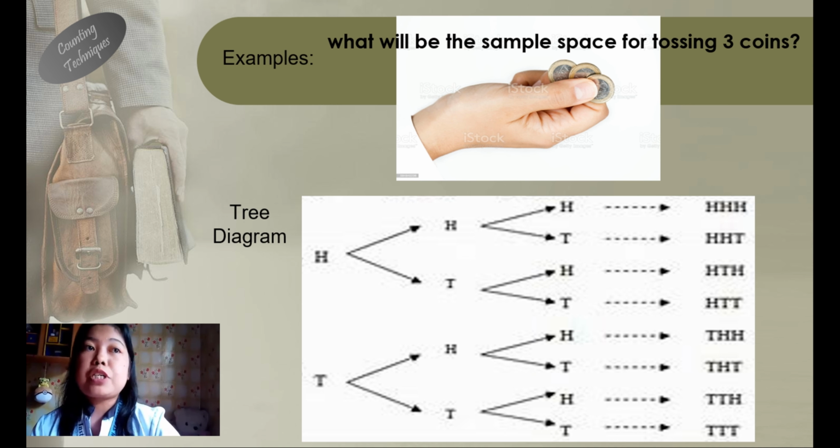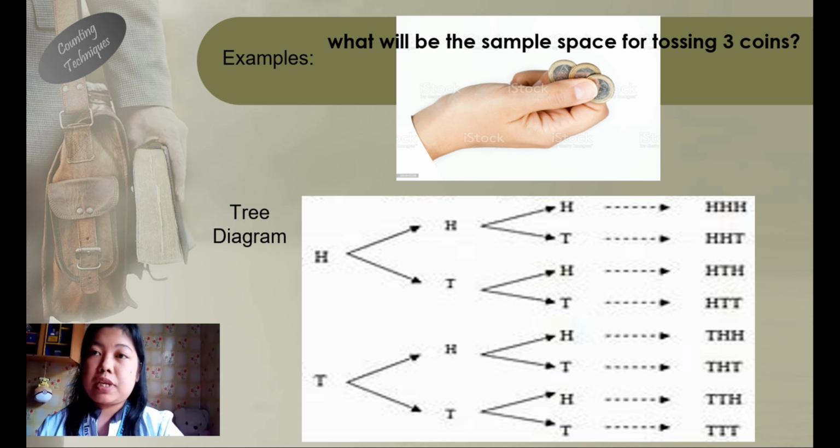Here are the first possibilities. We have three heads, and we write it as H, H, H. The second possibility is head, head, tail, or we can write it as H, H, T. The third possibility is head, tail, head, or we can write it as H, T, H. And the fourth possibility is head, tails, tails, so we can write it as H, T, T. And then repeat this process.